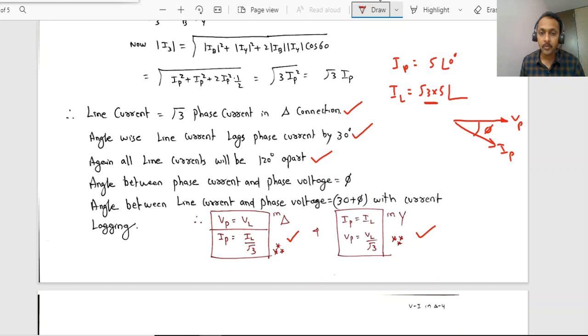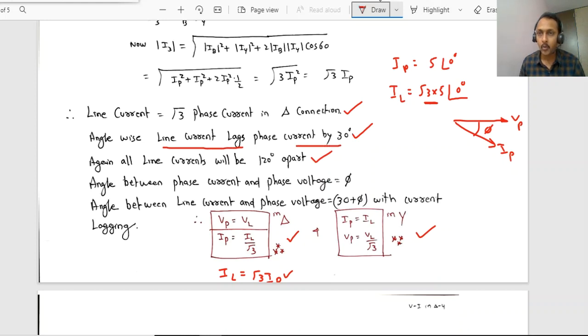From this formula, line current is root 3 times I phase. Magnitude wise, you are correct. But do you think here also the angle will be 0 degrees? Then your answer goes wrong. Magnitude wise, root 3 times I phase. But angle wise, this statement is important. Line current lags phase current by 30 degrees.